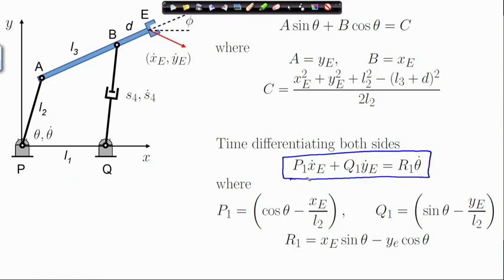Here P1, Q1 and R1 you can very easily derive by simplifying the steps that I have shown you. So, this equation relates xe dot, ye dot and theta dot, but this is not enough. I need one more relation. I must also relate S4 dot to xe dot and ye dot.